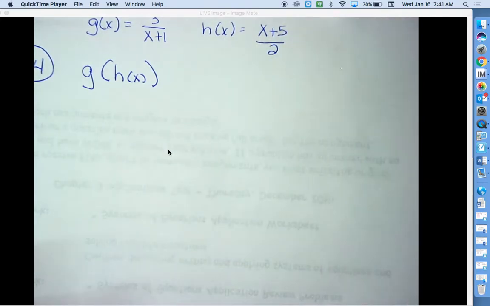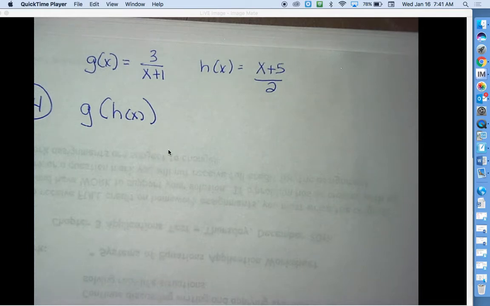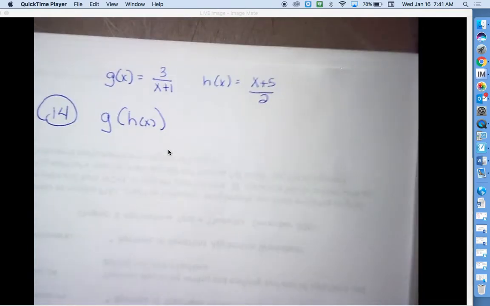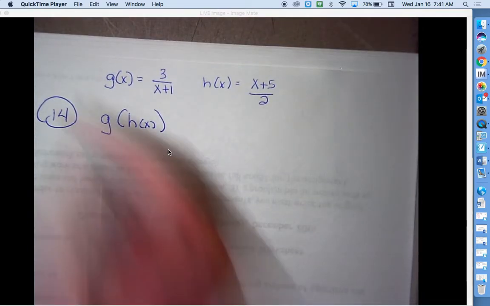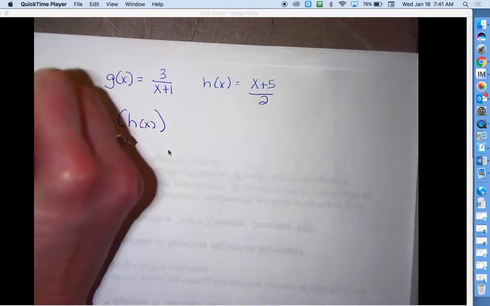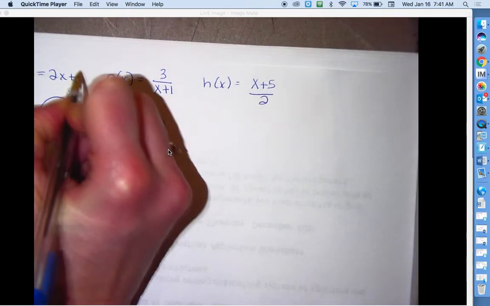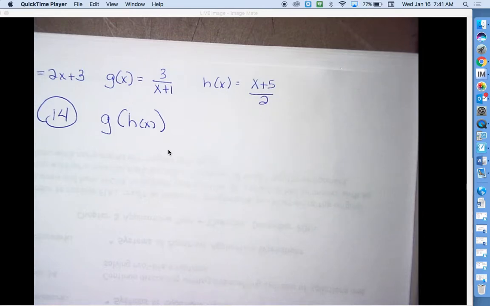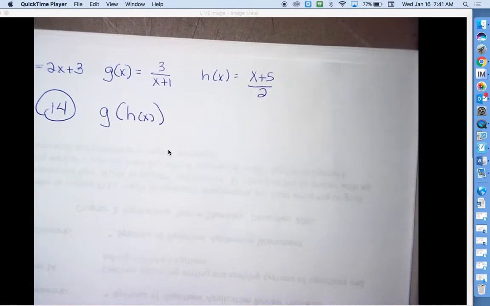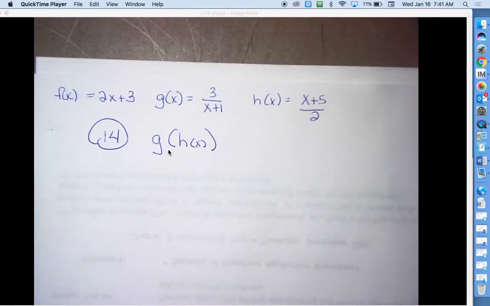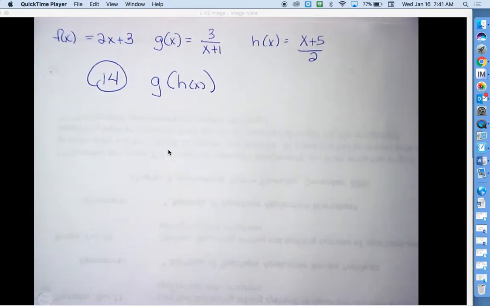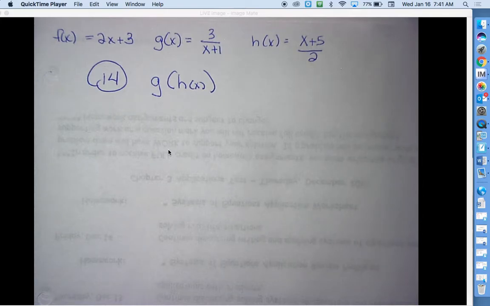The f function is not a fraction, it just has 2x plus 3. So yesterday we talked about composite functions. And last Friday we talked about combining functions.